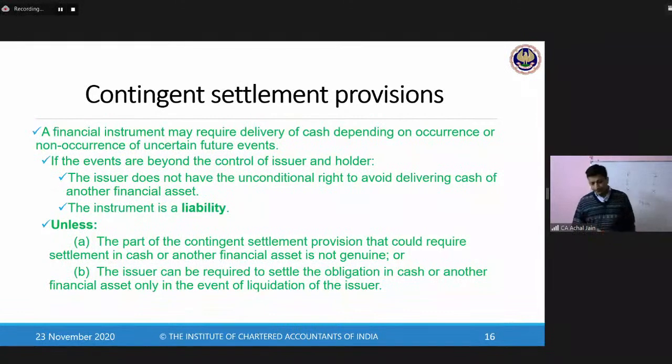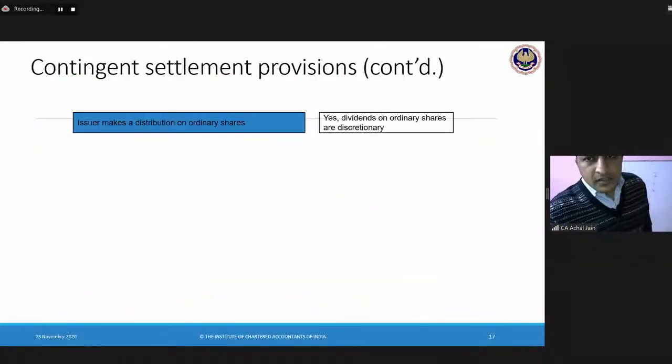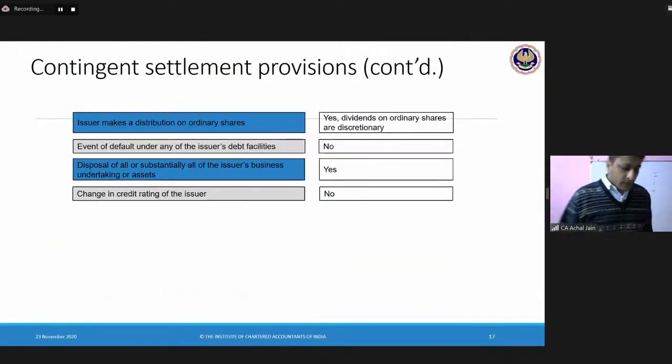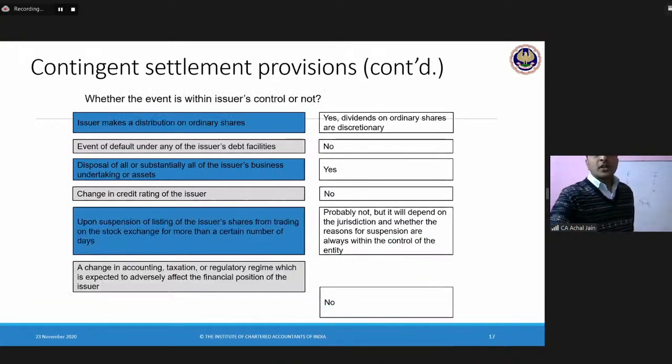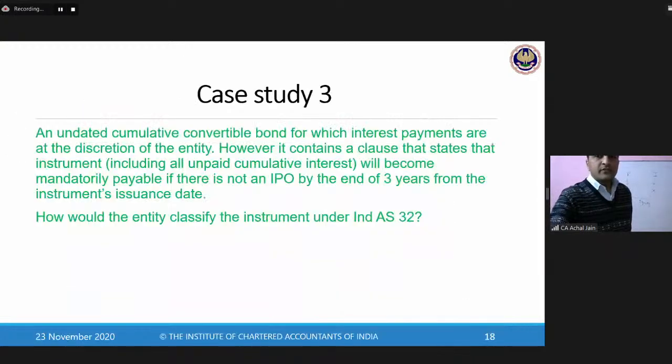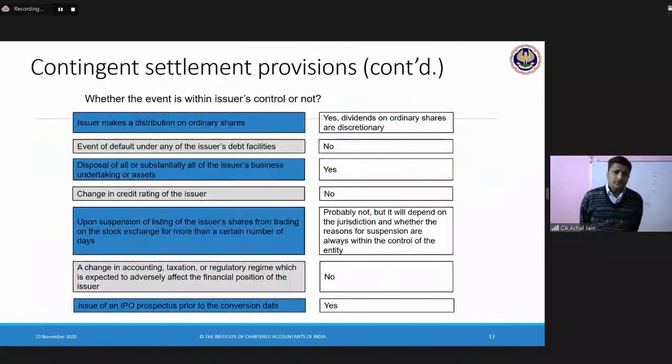Okay, yeah. We need to now understand some examples. Some of the examples of such contingent provisions are there in front of you. Let's try to understand. On the left hand side of the screen, you will see various events given.